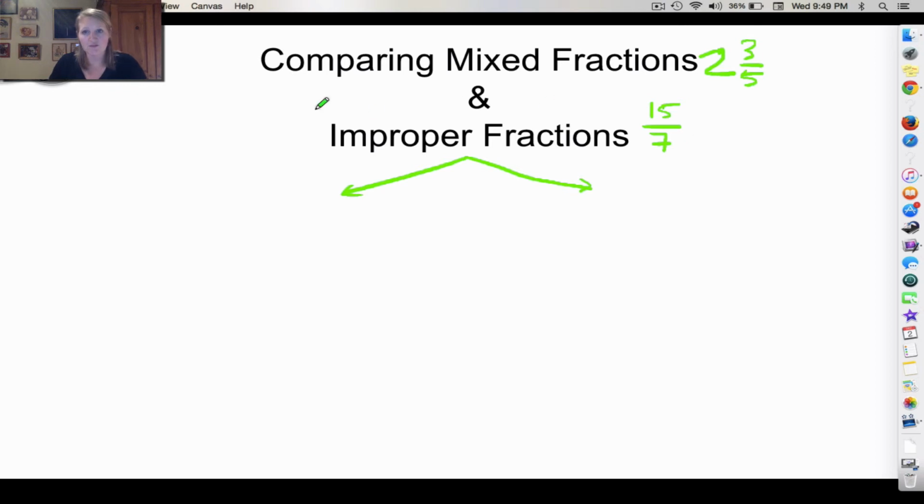So if you have a mixed fraction and you feel more comfortable turning that into an improper fraction, then you would compare those two numbers. So let's go ahead and turn 2 3/5 into an improper fraction.